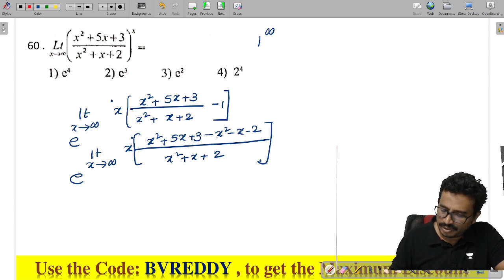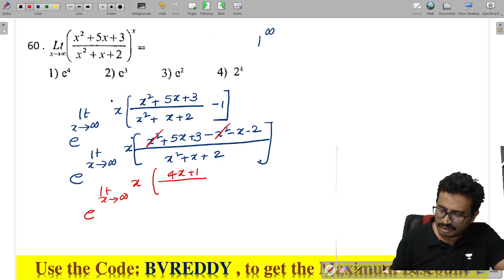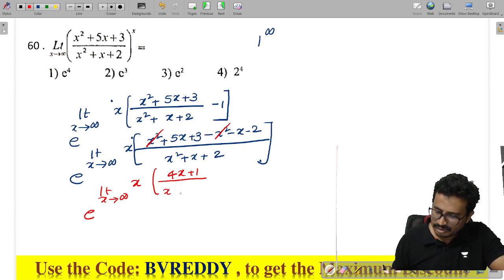Now tell me, here x square will get cancelled. So this is e power limit x tends to infinity, x into what I will get, you see here, 4x plus 1 by, I can take out x square. If I take x square as common, tell me what I will get here.